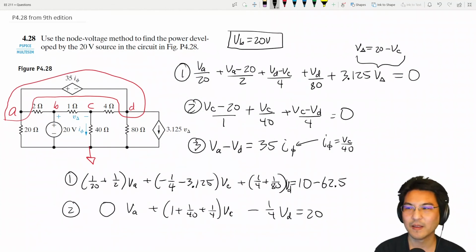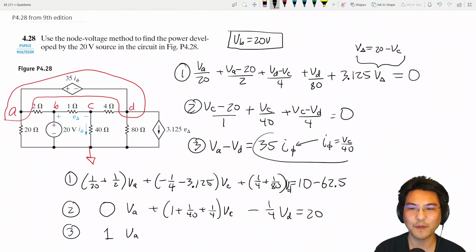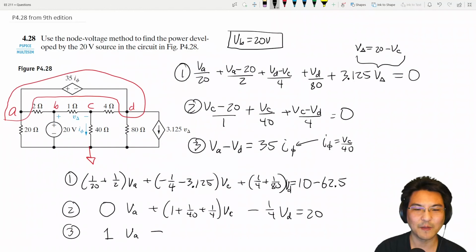Okay, and then last equation, I got VA, I'll just write a 1. And then, let's see, 35 over 40 VC. If I move it on that side, it becomes negative 35 over 40. Can I just write 7/8? VC, and then minus 1.